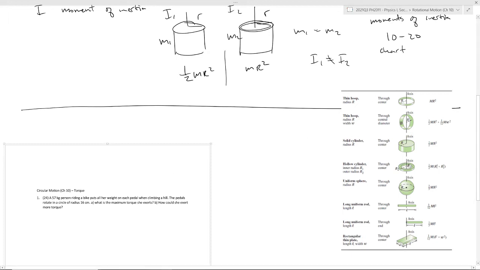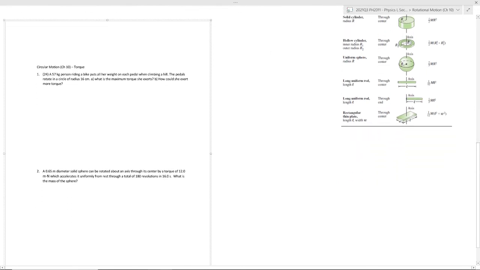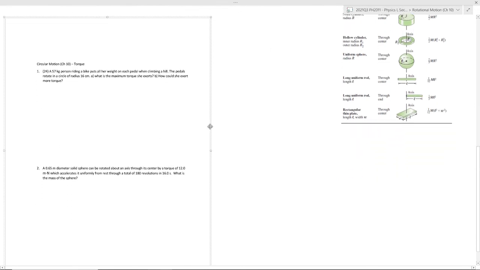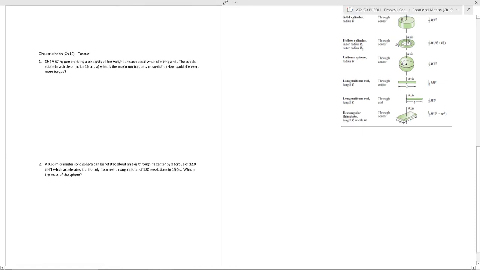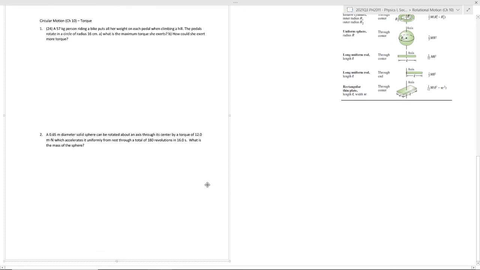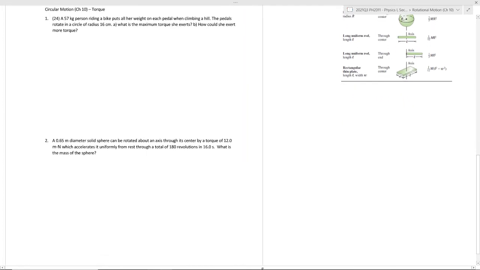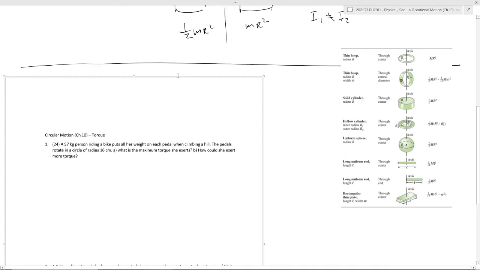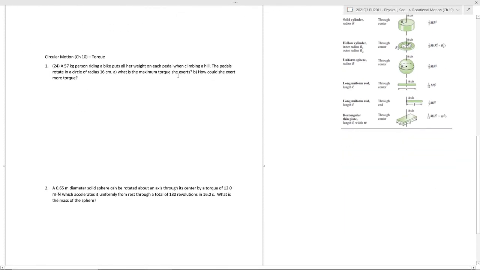All right, so let's look at a couple of example problems on this, just to practice. These are the ones that we talked about in class. Different sections talked about a different mix. The first question says that we have a person riding a bike. Let's draw a little cartoon of what we're talking about.